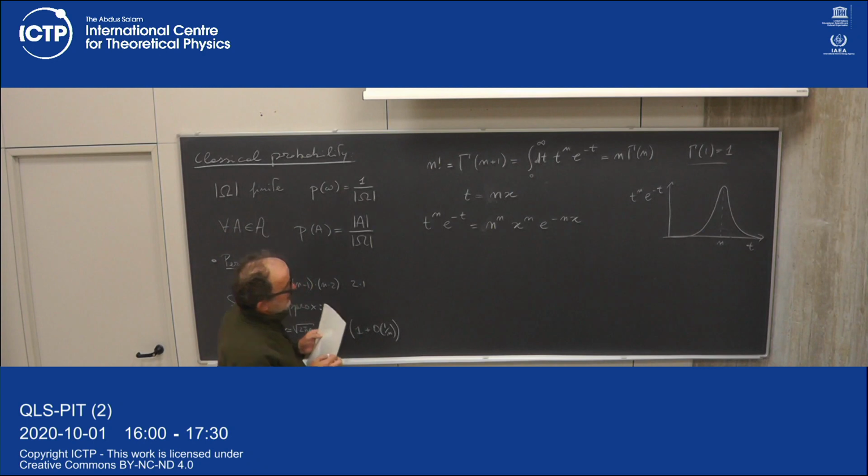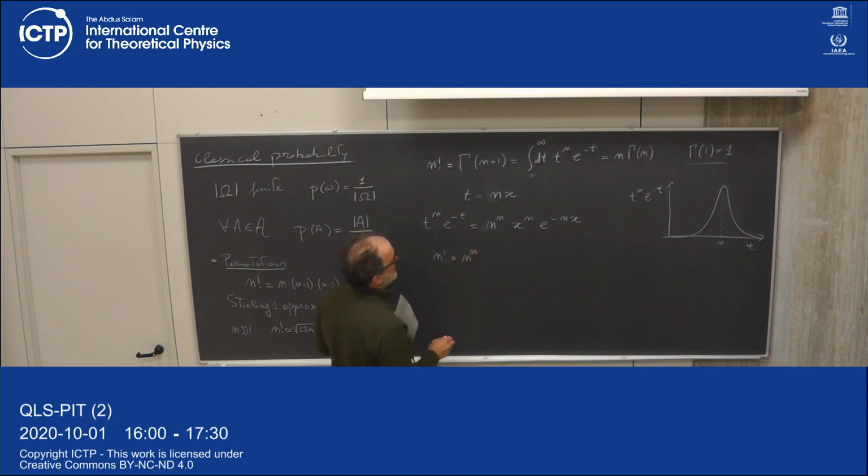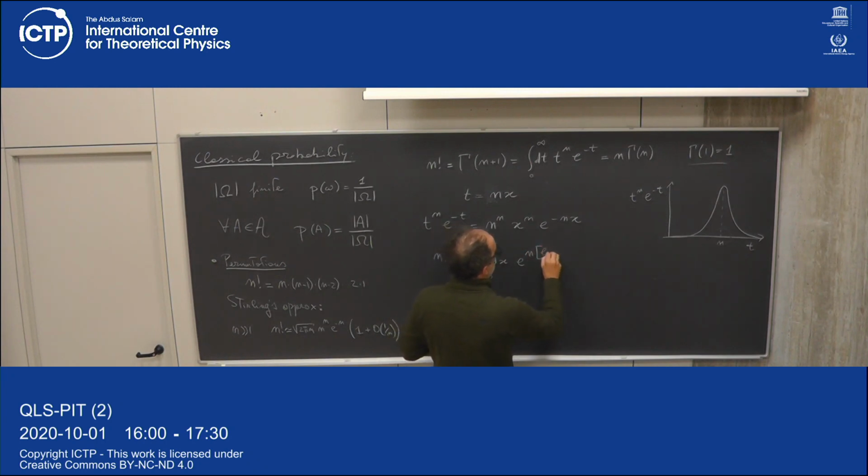So then the next step is to realize that this function n factorial can be written as n to the n times the integral between 0 and infinity in dx of e to the n times logarithm of x minus x.